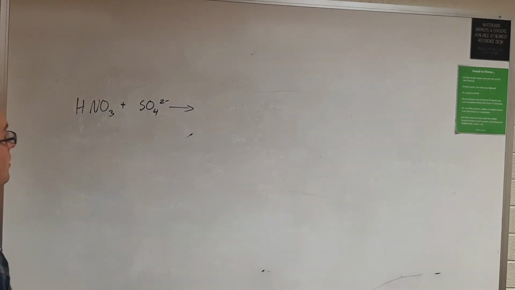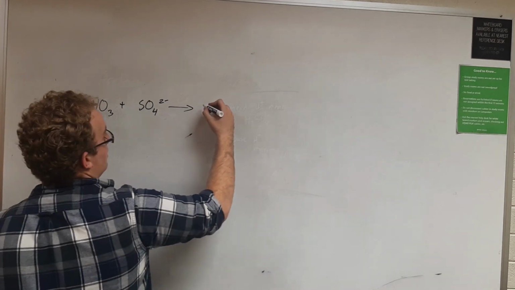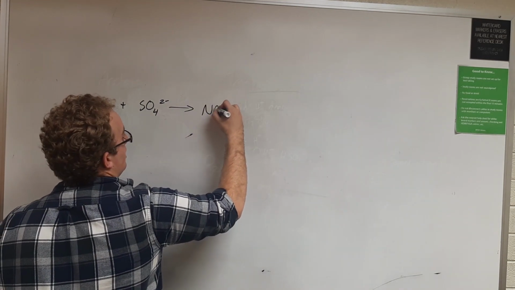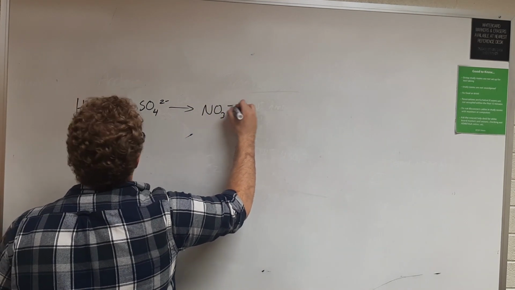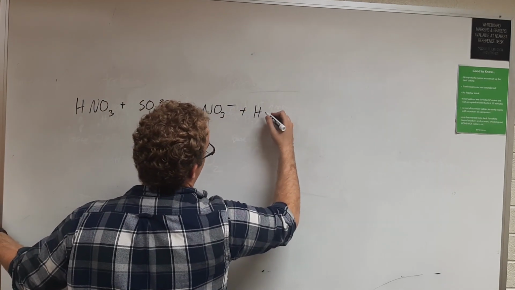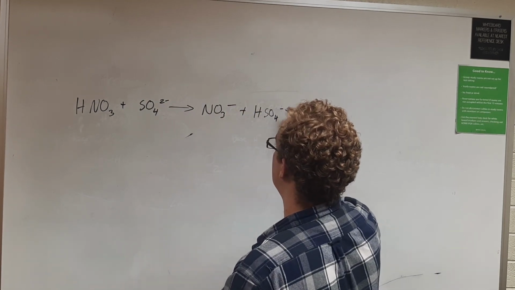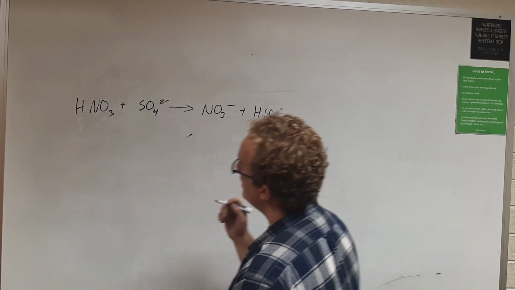Okay, so this is going to give up a proton, right? And this one is going to accept a proton. So we think about what happens. HNO3 becomes NO3 minus, and sulfate becomes monohydrogen sulfate. So it has one H and it has one minus charge now.